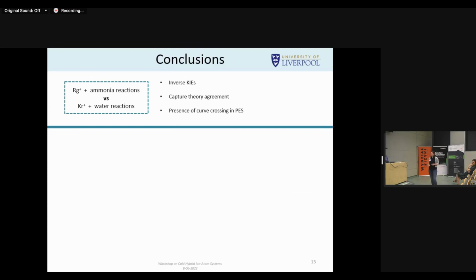So I think it's an interesting study, but at the moment we don't know why there is a difference between water and ammonia. So we decided to go a step further and dig a bit deeper into the ammonia reactions.